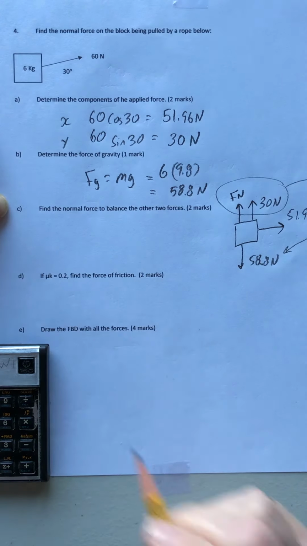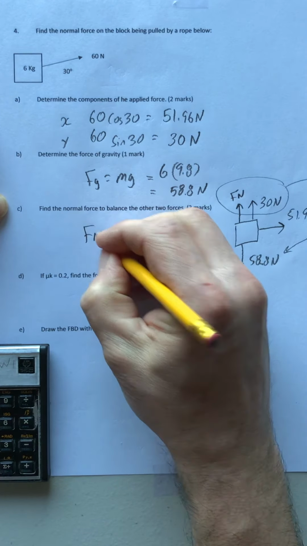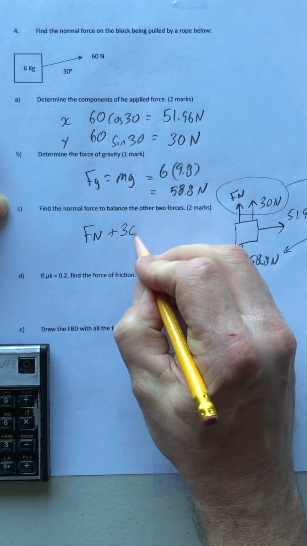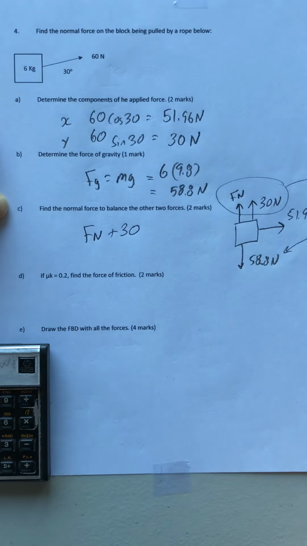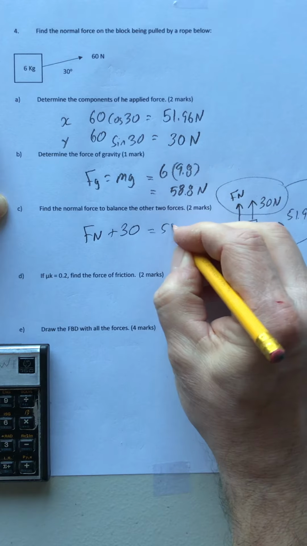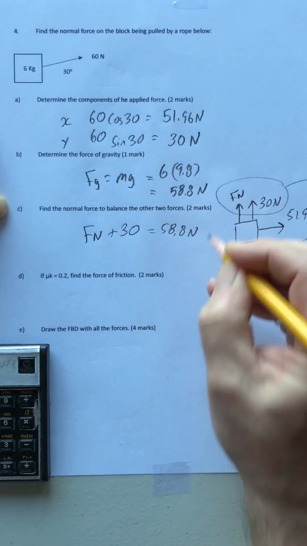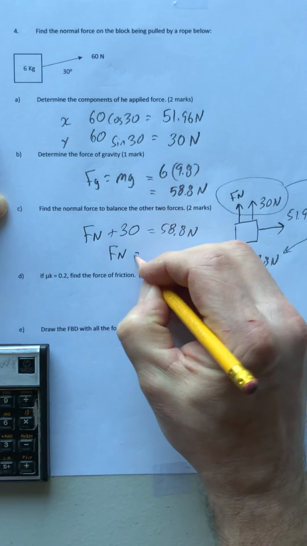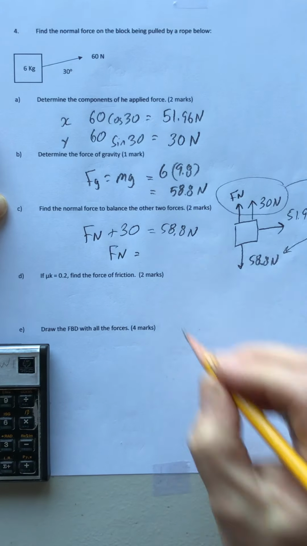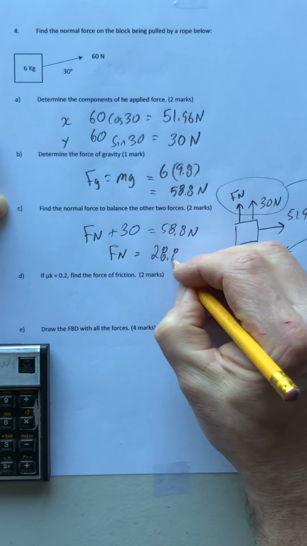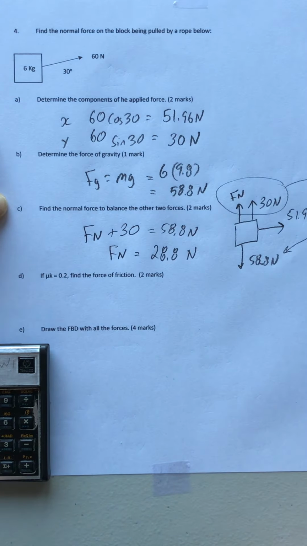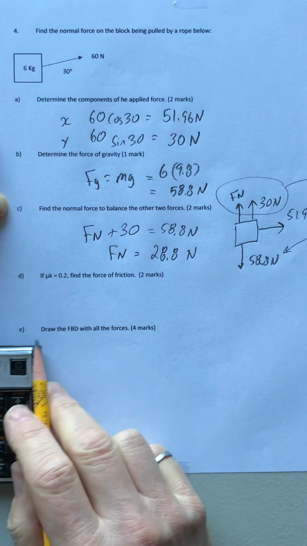So that's what we're looking for, the normal force. Some normal force plus the 30, because somebody's pulling up on this, helping to fight gravity, equals gravity. And then you can just solve for Fn. It'll be 28.8 newtons.